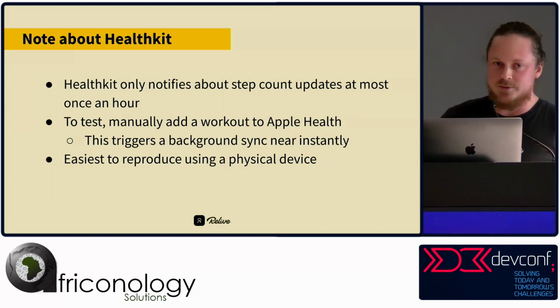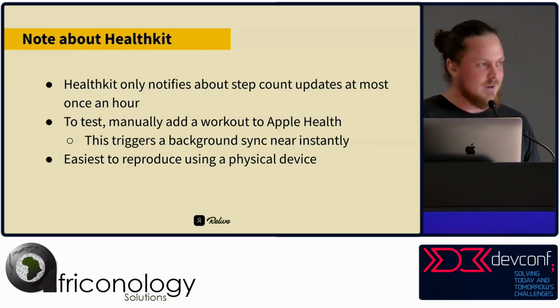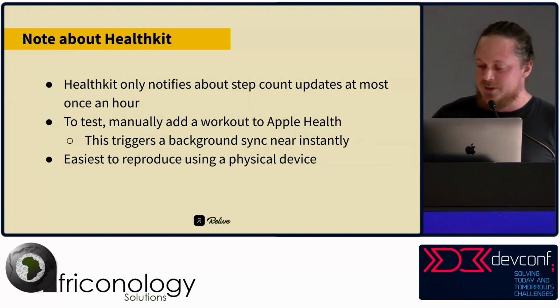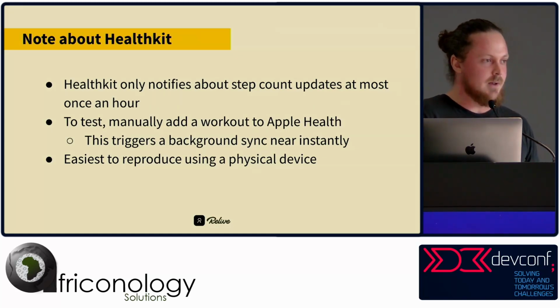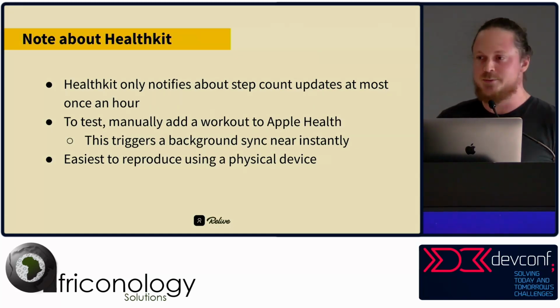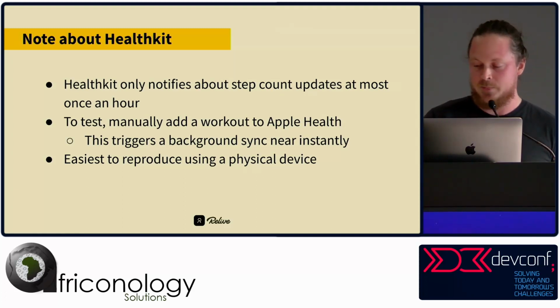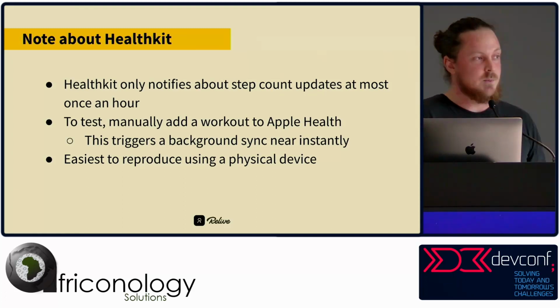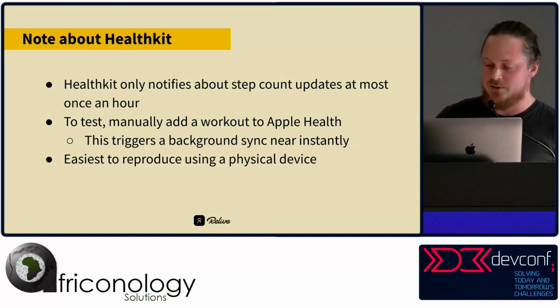But we are developers, we're smart, and workarounds are in our blood. So we can trigger a manual update of the step count from Apple by adding a workout. That then triggers both updates to come through. Of course, this means we need to update our app to also listen for workouts. I'm not showing how to do this here.